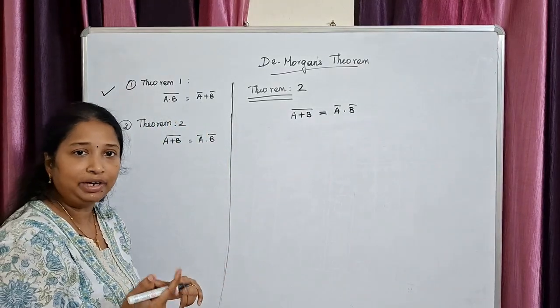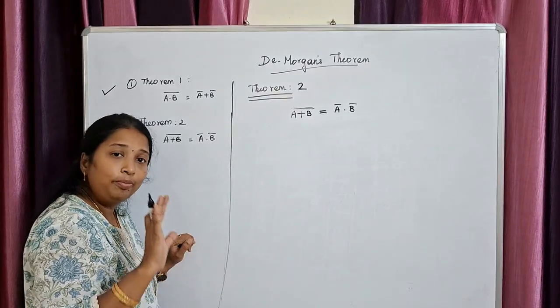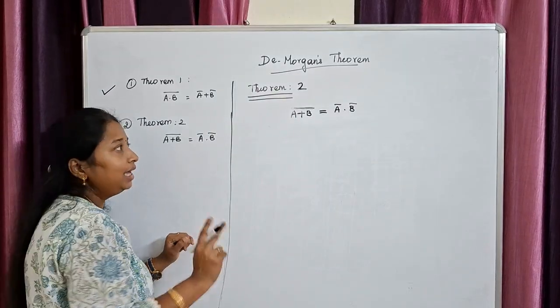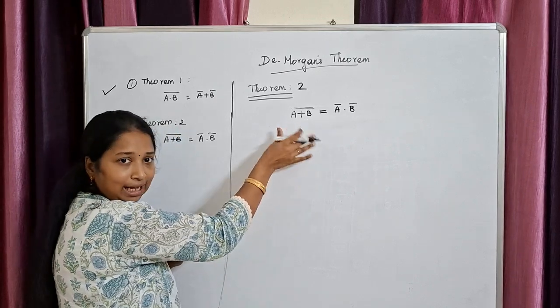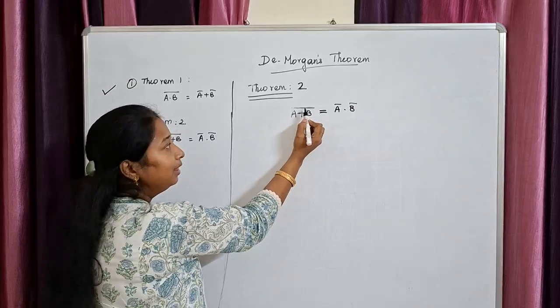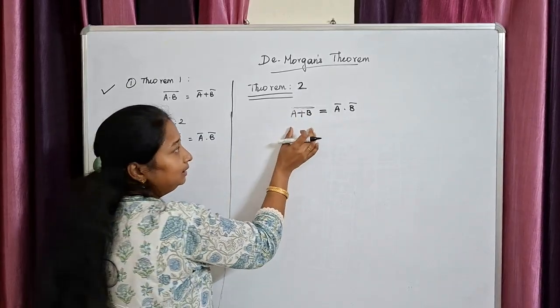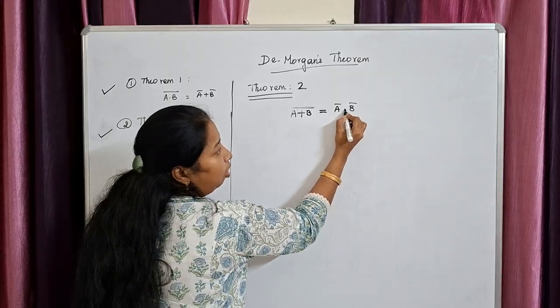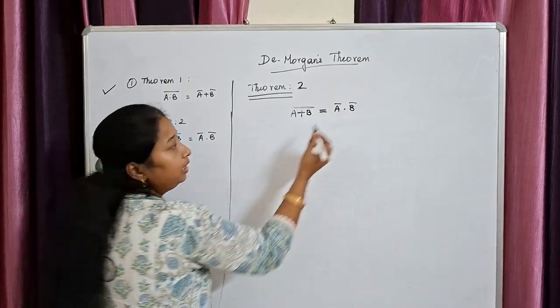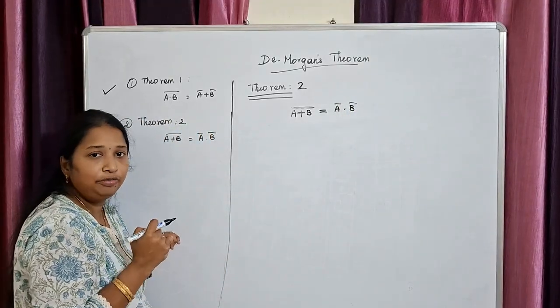Just like how you defined Theorem 1, we have to define Theorem 2 as well, depending on how many input variables you have. If you have two input variables, as in this case, then you sum up both the input variables and then take the complement. Clear? This is equal to the product of the complement of every single input variable.